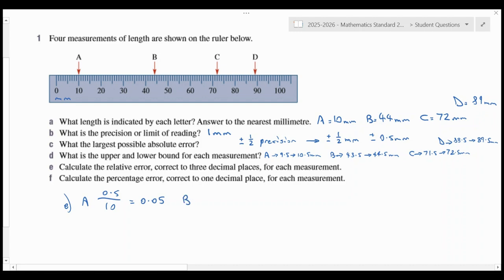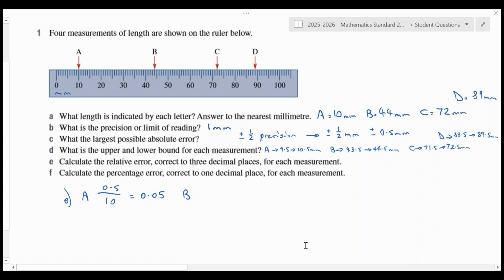For B, sorry if there was a glitch there. So that was the relative error for A. We've got the absolute error over our actual measurement. For B, our absolute error is still the same, 0.5, but our measurement this time was 44.